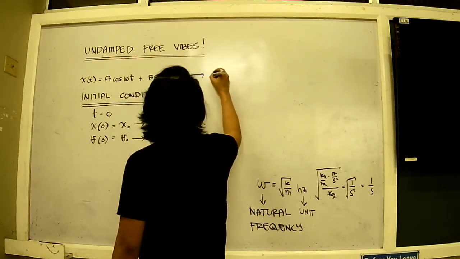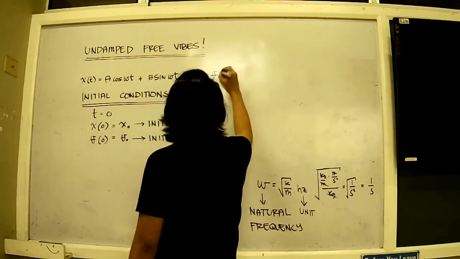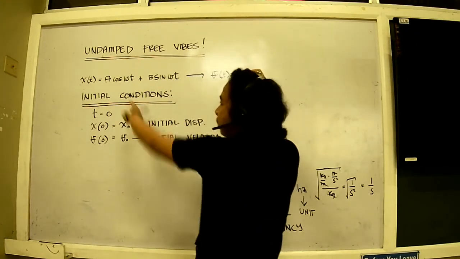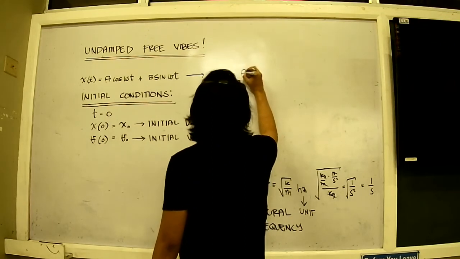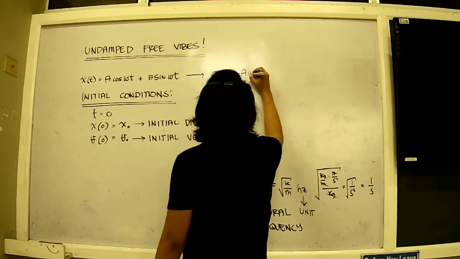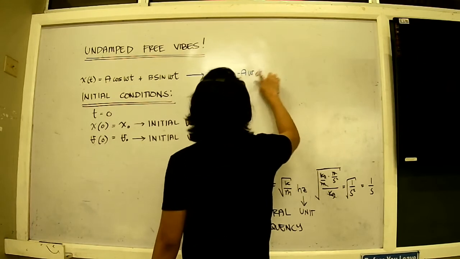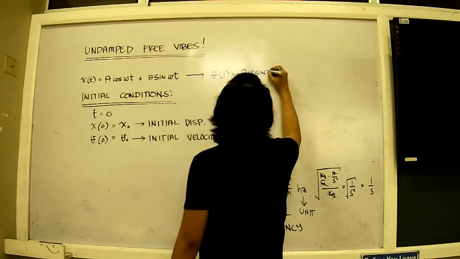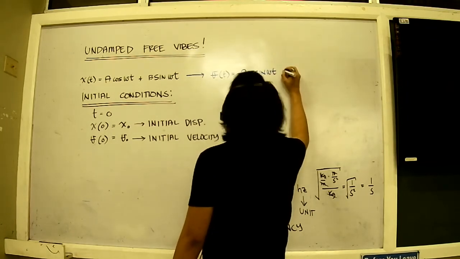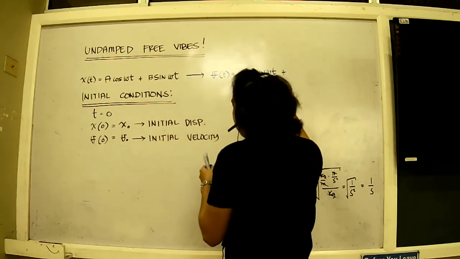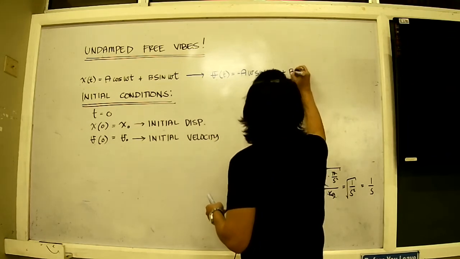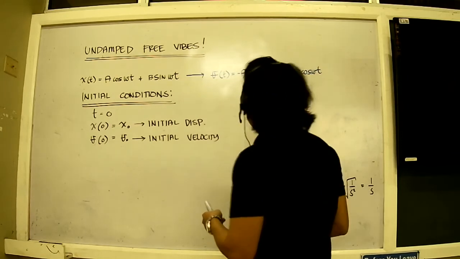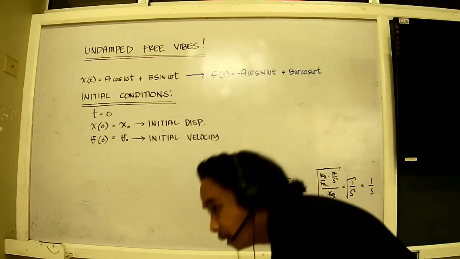So I'll change this to v, which is equal to the derivative of this, which is negative A w times the derivative of cosine, that is negative sine, plus B w times the derivative of sine, which is cosine.